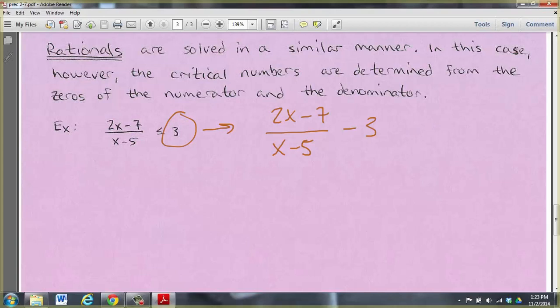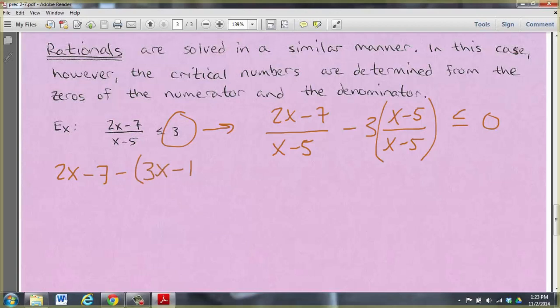So I'm going to multiply by x minus 5 over x minus 5, and I'm going to end up with 2x minus 7 minus 3x minus 15 all over x minus 5.